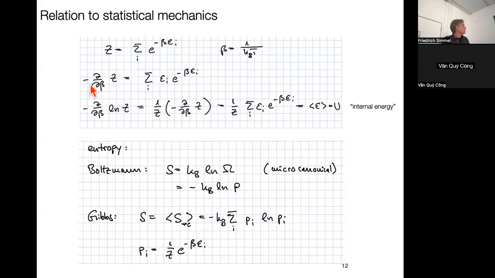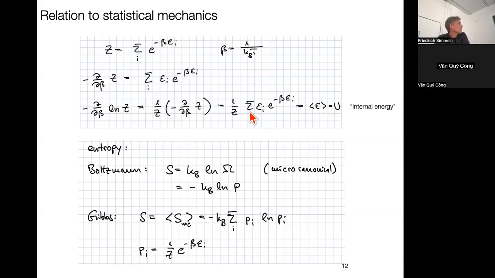So when you differentiate with respect to this parameter beta, which is 1 over kT, you get this sum, and this obviously is the mean energy. When you take the derivative of the ln of the partition function, you first get 1 divided by the partition function times this expression, and this expression is this sum.